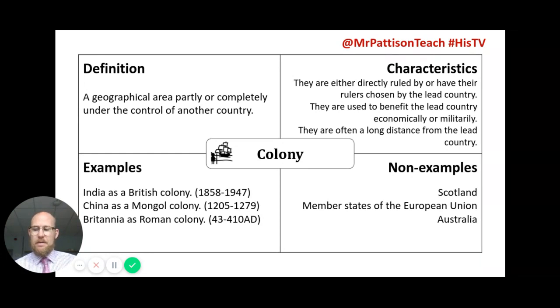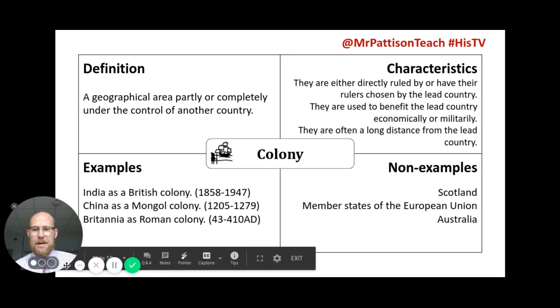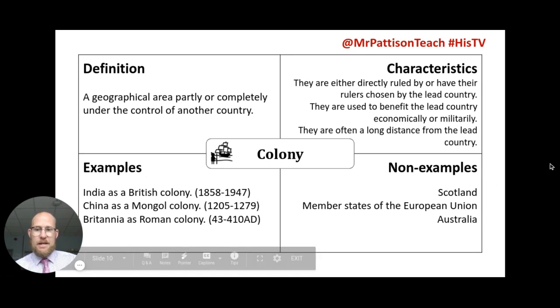If they have been studying biology, they may have come across the word colony as meaning a group of organisms of the same type living or growing together. Now, that's completely different, of course, to the explanation and definition that we want them to consider in history.